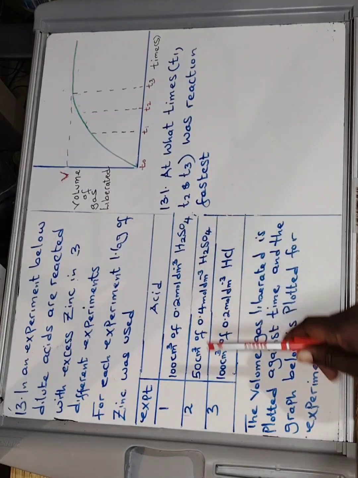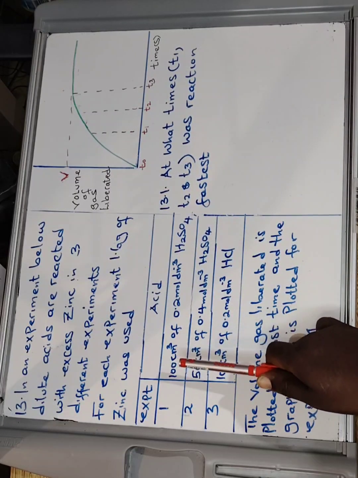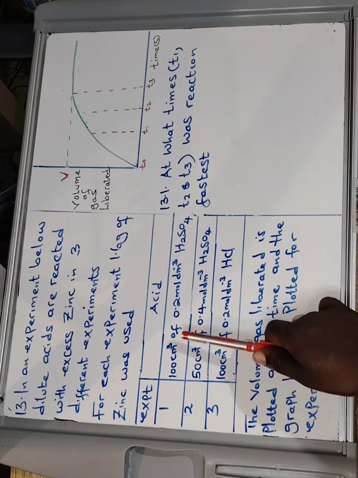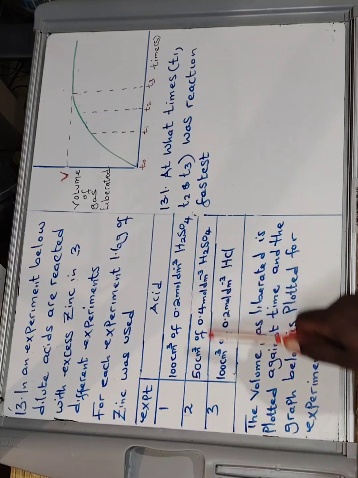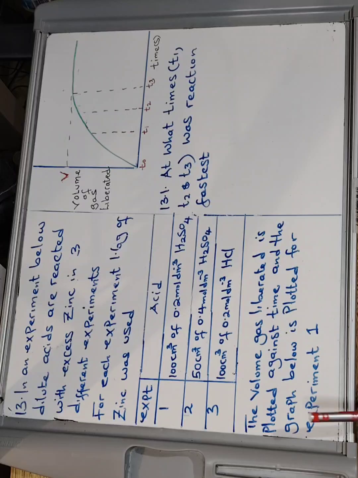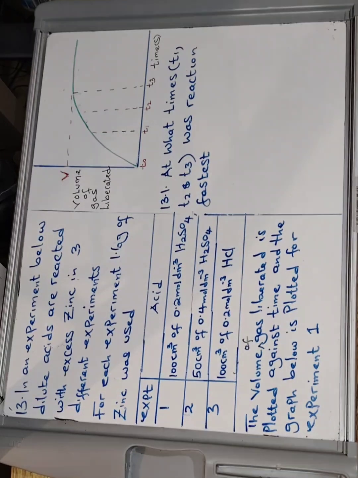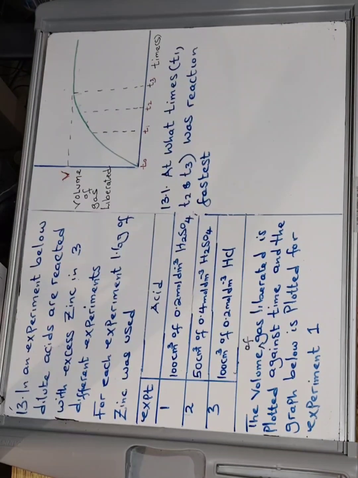This is the first one where we are using 100 cubic centimeter of this concentration. Then we have the second one, the third one. And here it says that the volume of gas liberated is plotted against time, and the graph below is plotted for experiment 1.